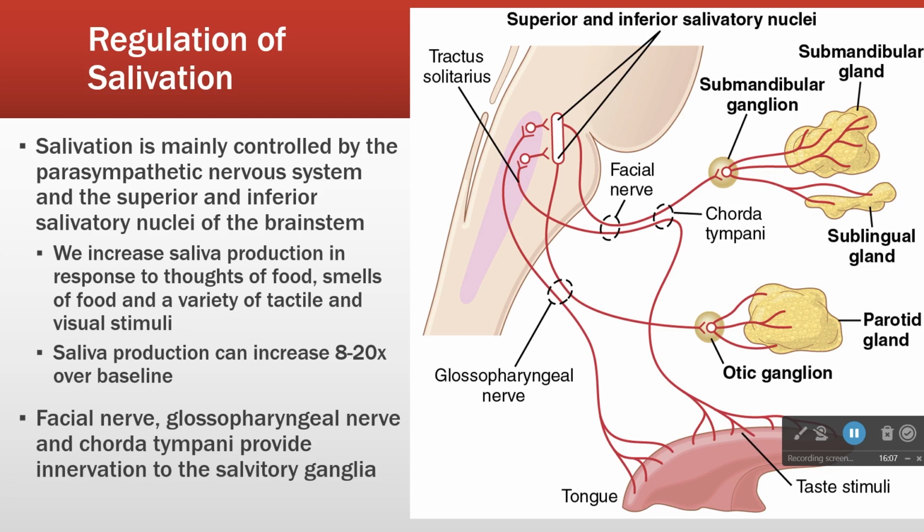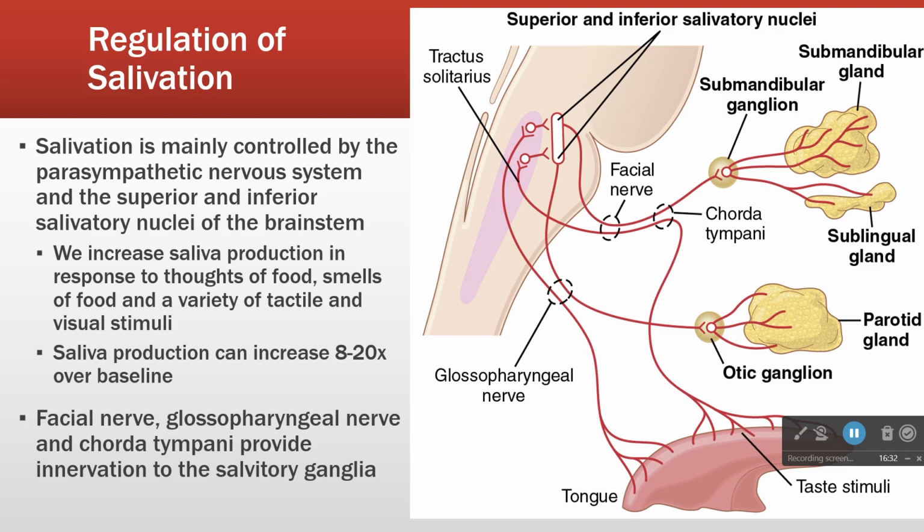It feeds into the salivatory nuclei, and then the output is more salivation. So when you start to eat, saliva is produced more strongly, right? So saliva production can increase dramatically, from baseline when we're not eating to 20 times over that when we are eating, depending on the food that we're eating and that kind of stuff, right?